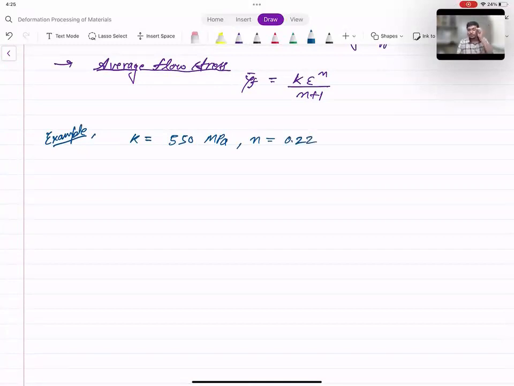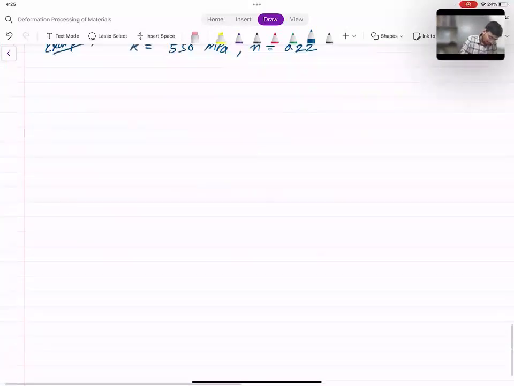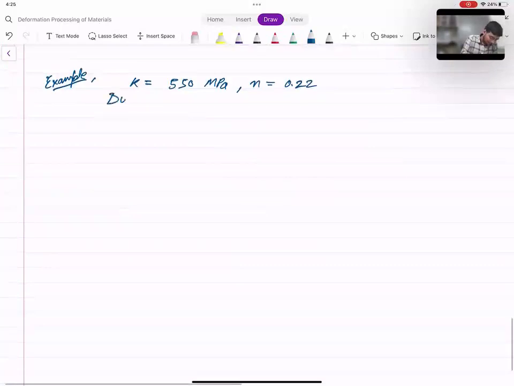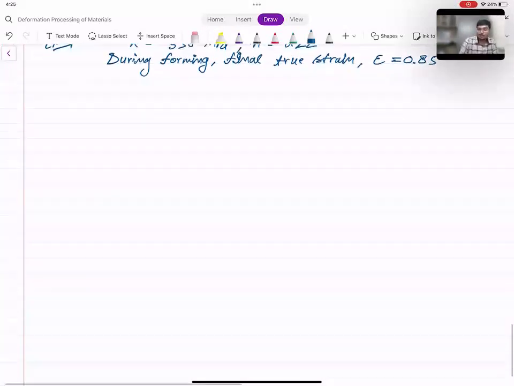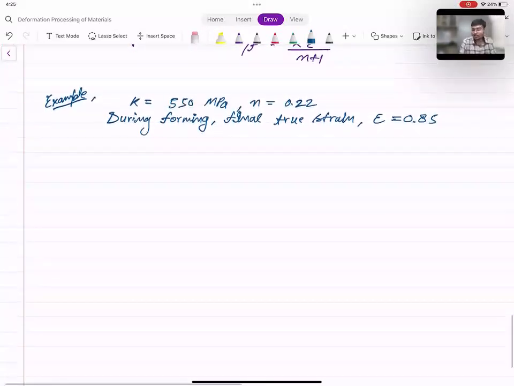During the forming process, the final true strain observed in the material is given as 0.85. We need to determine the flow stress and the average flow stress.